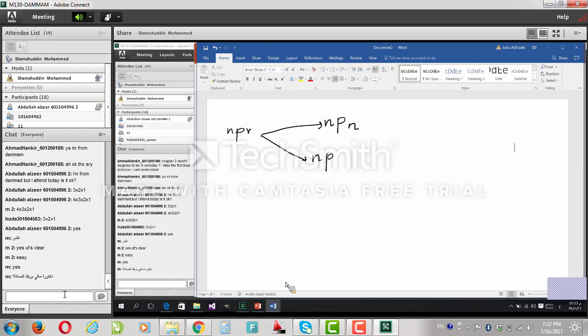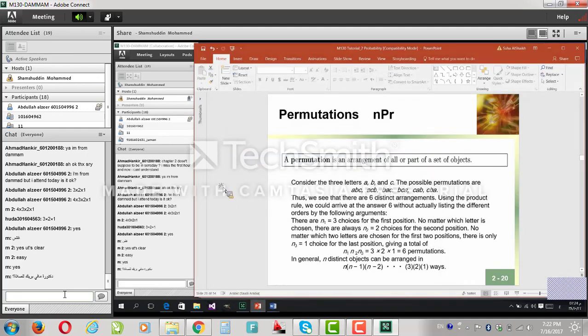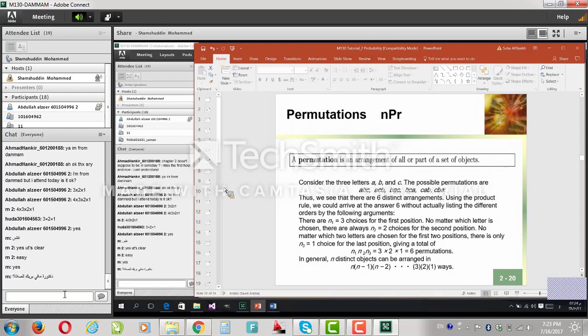For example, I want to arrange the letters A, B, C. We can write it as ABC, ACB, BAC, BCA, CAB, or CBA.